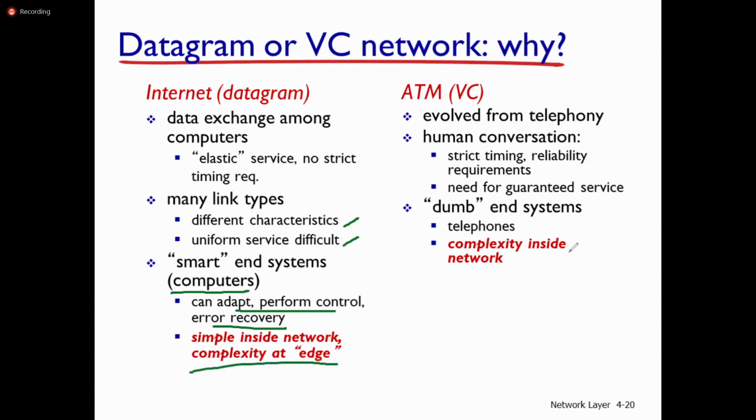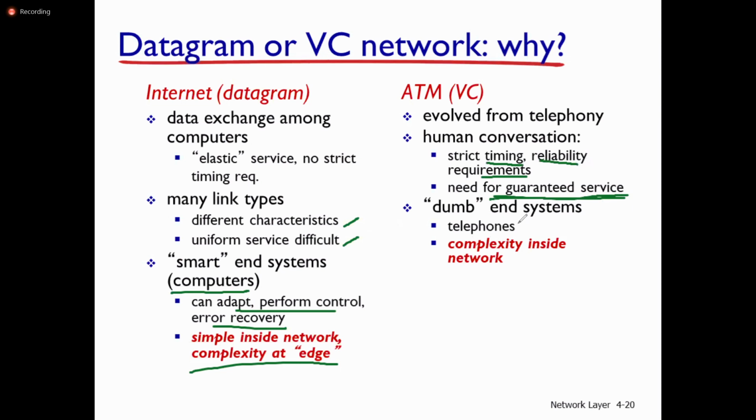If you look at the virtual circuit, for example ATM, it evolved from telephony, so it's like a human conversation. So connection establishment, then data transfer, then connection release. There are strict timings, then reliability requirements, so a need for guaranteed service.